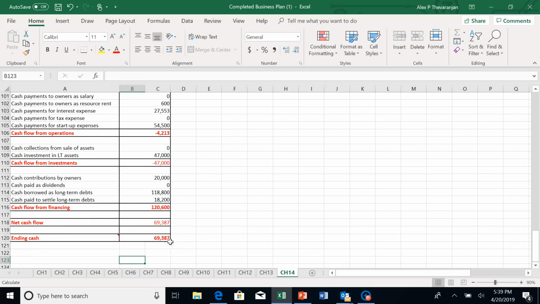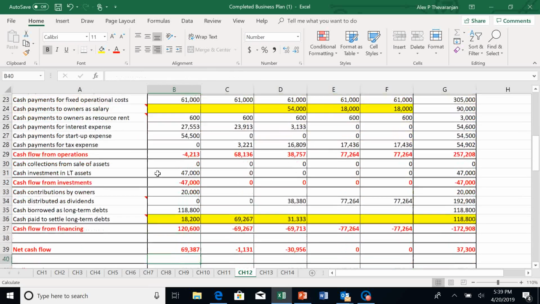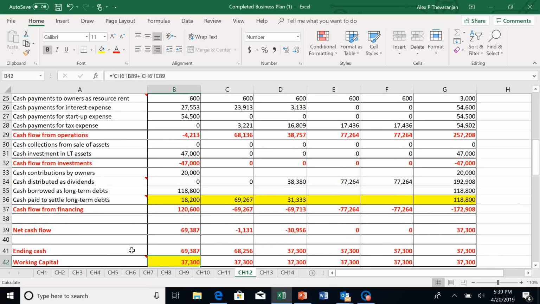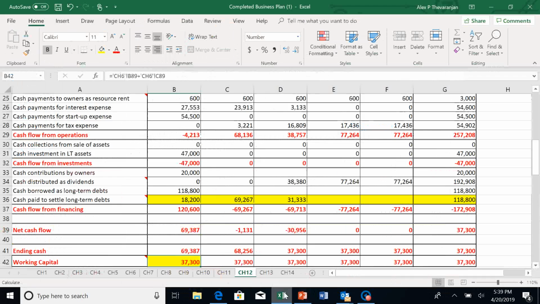Now if you compare this to our chapter 12, right? If you look at the chapter 12 ending cash flow, you have 69,387, and that's what we are getting here too, right? 69,387.